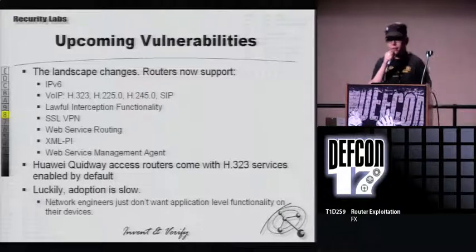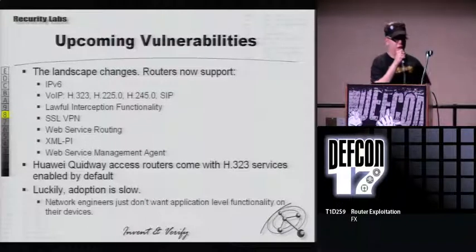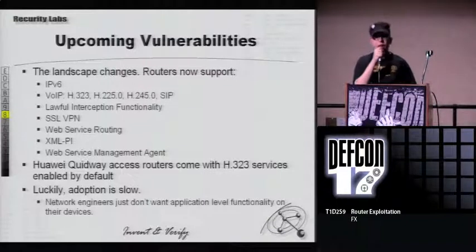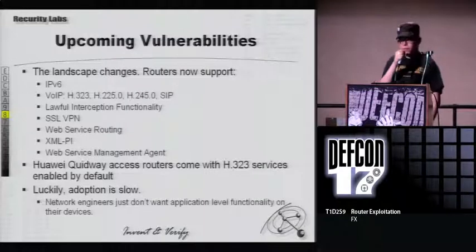So, like nowadays we have IPv6, which is rarely tested at all because no end user actually uses it. And then people putting VoIP onto routers, like all those very simple to parse ASN.1 protocols. And they put web servers on routers so they can actually speak zip.